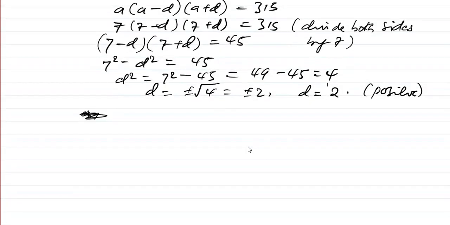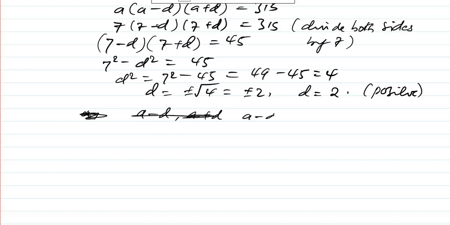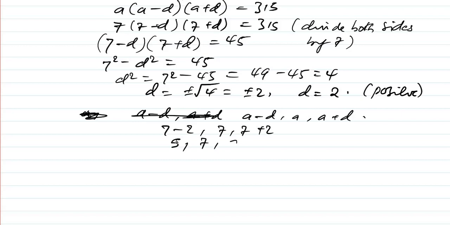If you have your numbers, so you have A minus D, A and A plus D. So with this, we are going to have the first number to be 7 minus 2, 7 and 7 plus 2. So that will give us 5, 7 and 9.